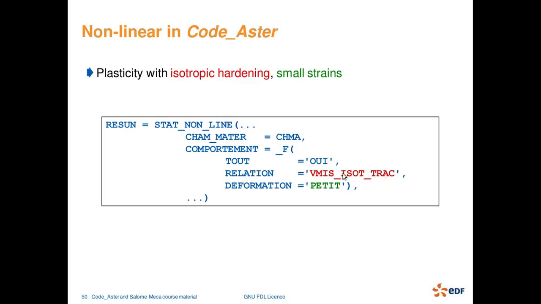So this is the keyword for using the experimental stress-strain data, and the deformation is still small, petit. Okay, so we are not considering geometric nonlinearity here, we are considering only material nonlinearity.